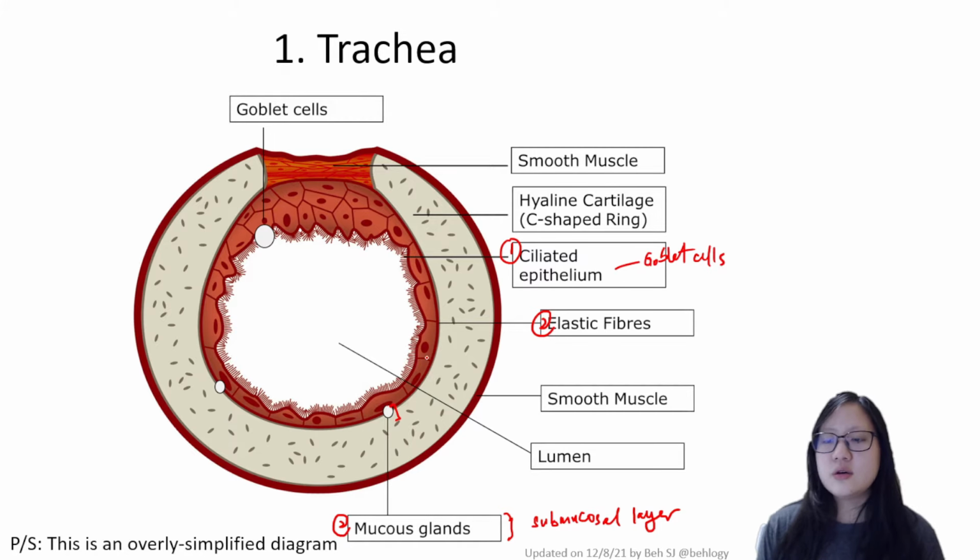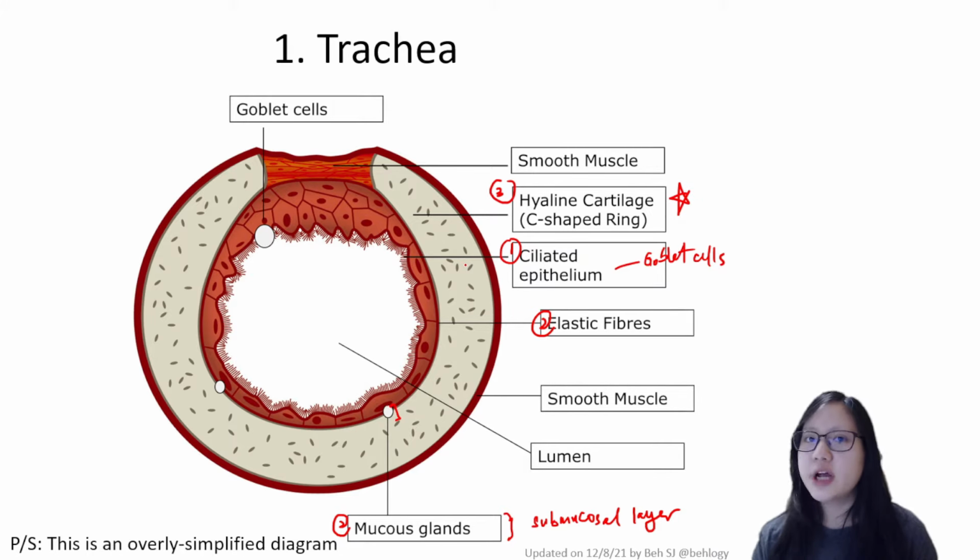So that's the ciliated epithelium with goblet cells, then the submucosal layer, and then you reach a layer called the hyaline cartilage tissue. This is a C-shaped ring in the trachea and a very distinctive feature of the trachea. You see the C-shaped ring, you know for sure it's trachea.